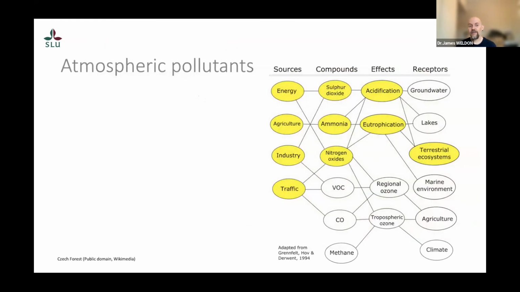The other part of the title is, of course, atmospheric pollutants. This encompasses a range of compounds emitted by various sources which have various effects. The parts we're interested in here are highlighted in yellow. We're looking at the impacts in forests, so terrestrial ecosystems, of acidification and eutrophication. The compounds we're really interested in are sulfur and nitrogen compounds in this context.